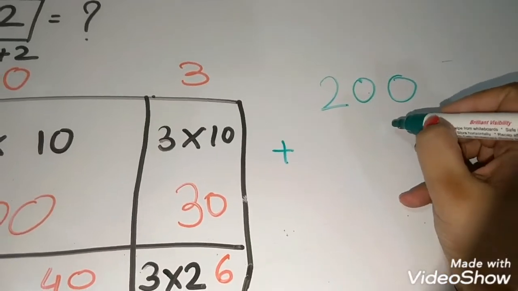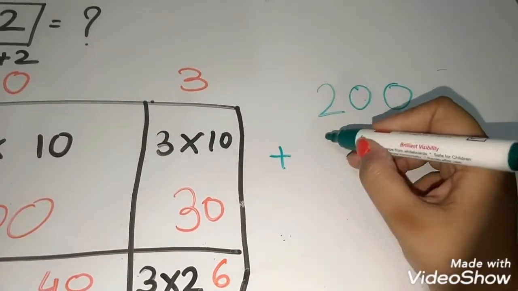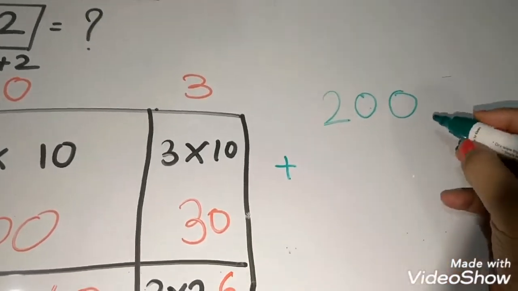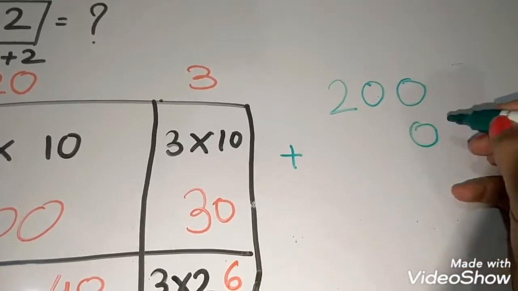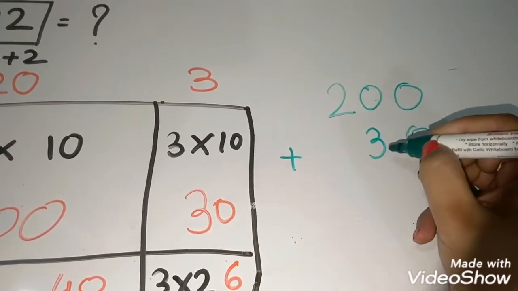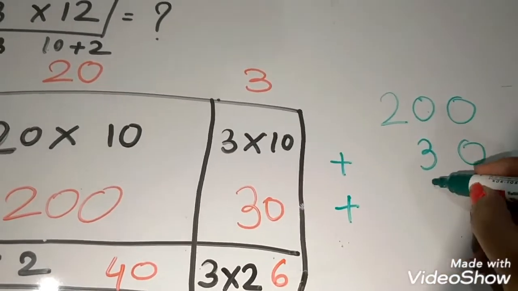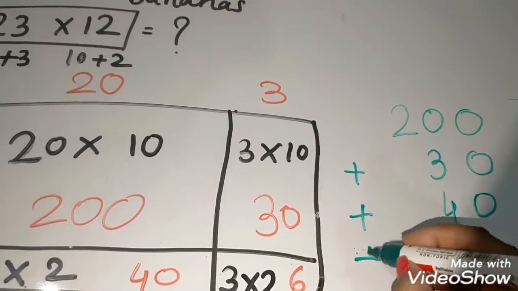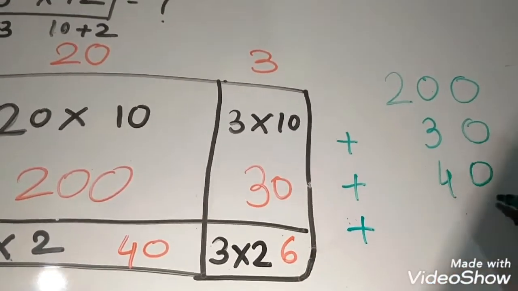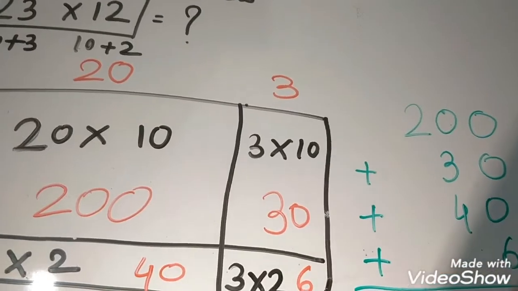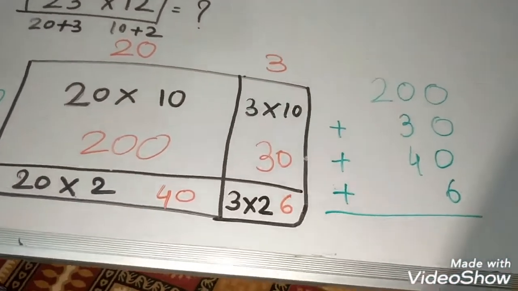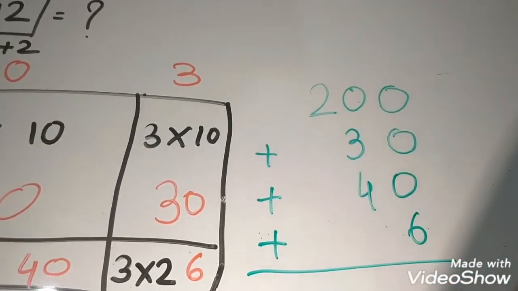We have to write from here, not from here. 30, because at one's place 0 will come and at tens place 3 will come. Plus this 40. Plus this 6.